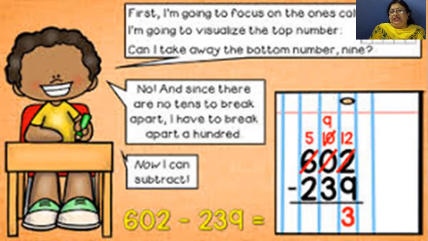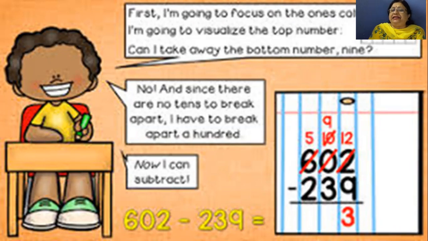So in this case, 602 minus 239. 2 was smaller than 9, and there was no number at tens place. So we borrowed from hundreds. So 6 at hundreds place will change into 5 and the hundred will change into tens. So we have 10 tens. Now we are going to borrow 1 ten from tens.